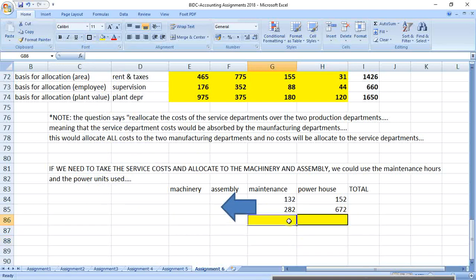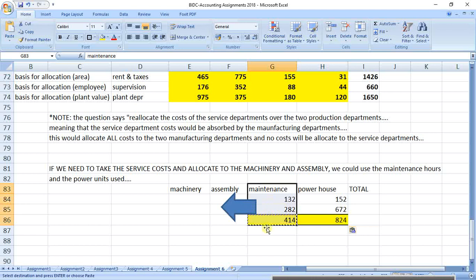So sum up this and sum up that. How much cost does the maintenance and the powerhouse use? 414 here and 84. If they're saying reapportion the cost of the service departments over the 2 production departments using the appropriate basis, what basis could I use for this?